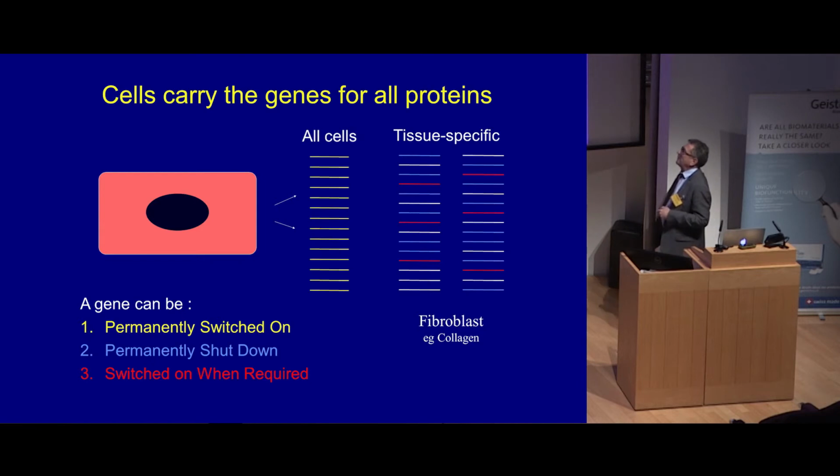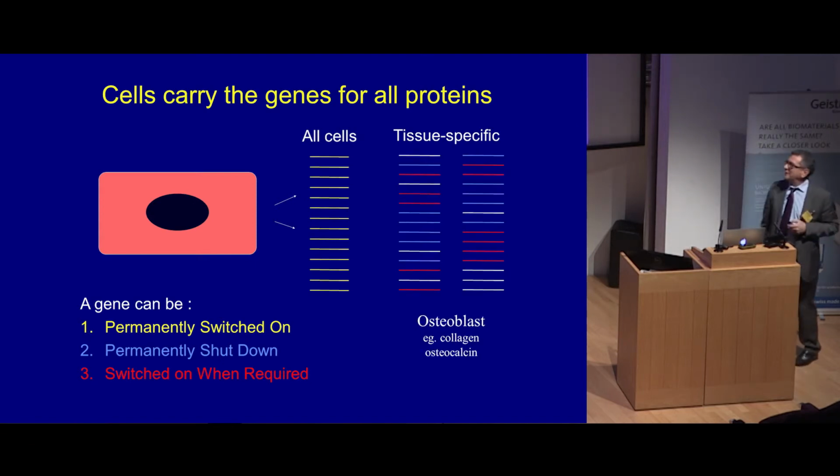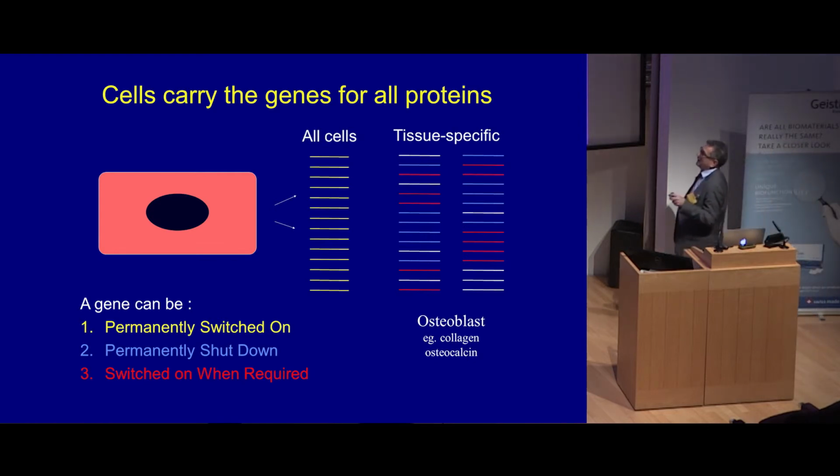If you take a fibroblast, there'll be a different set of genes, such as collagen. And obviously, if you take an osteoblast, which is where this is going, you'll find that it has a different set of genes which are characteristic of that cell. Ultimately, the osteoblast is defined by what characteristic genes it expresses.